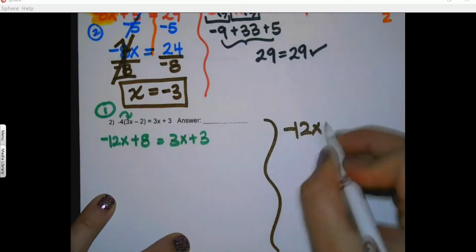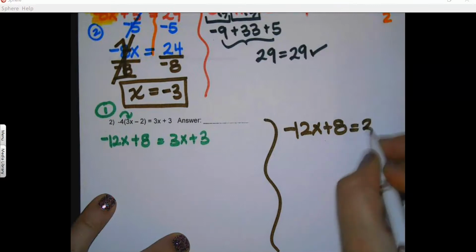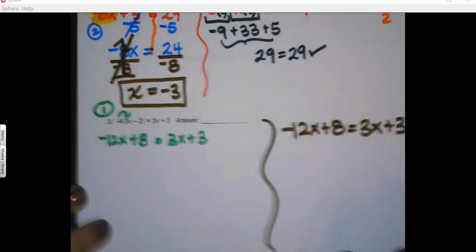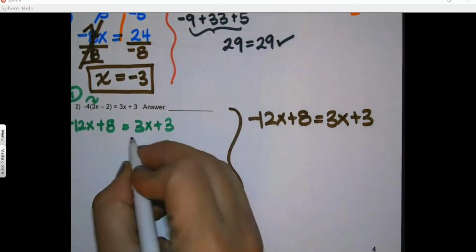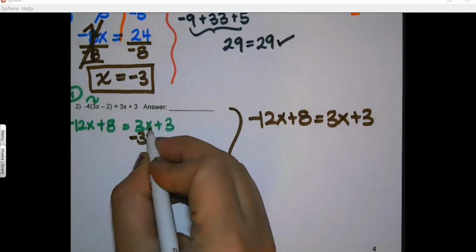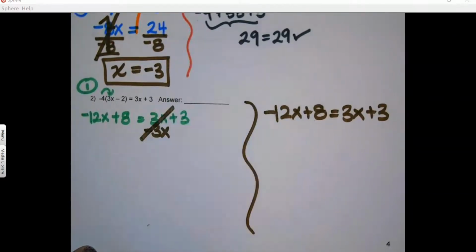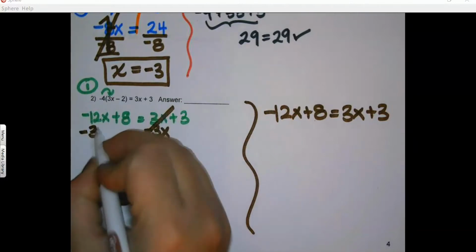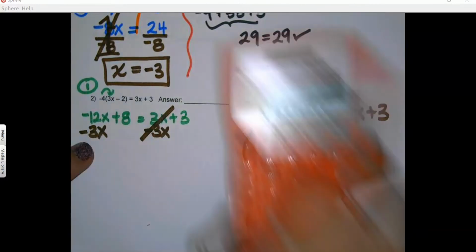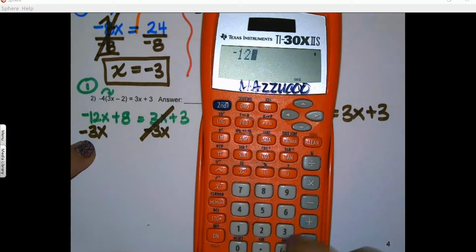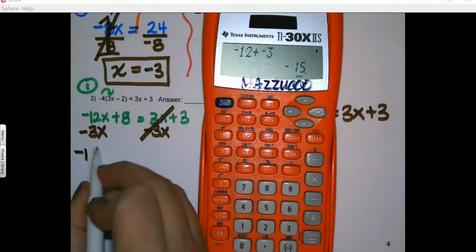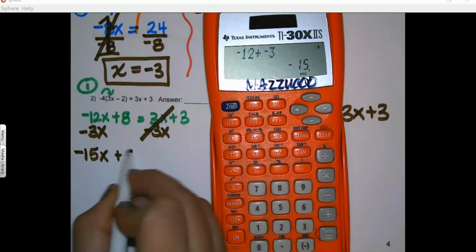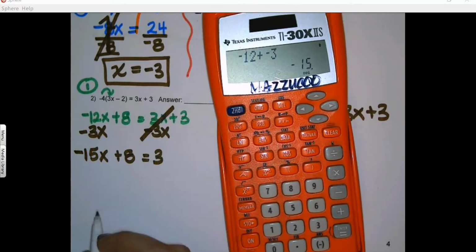So I'll show you both ways to prove it does not matter. So for example, I could do -3x, because 3x minus 3x, that's 0. So it's gone. And then I have here -12 plus a -3. That makes -15x plus 8 equals 3 here.